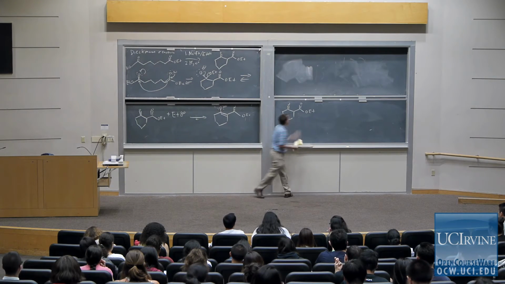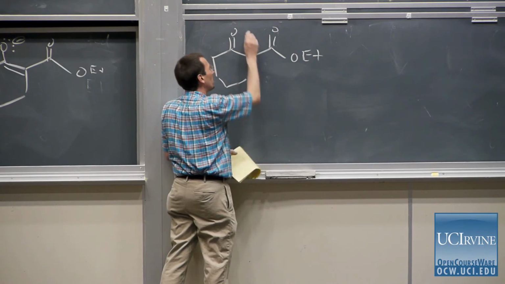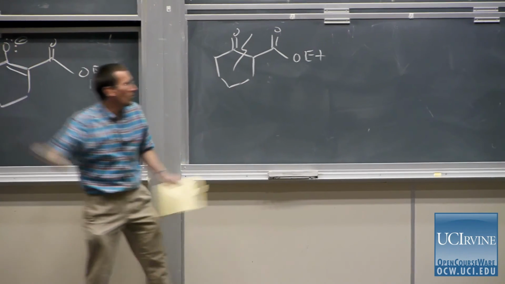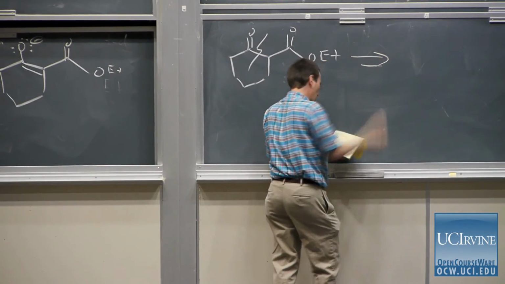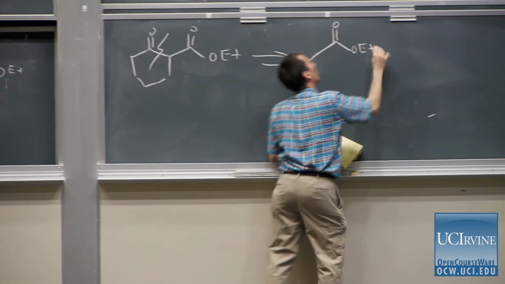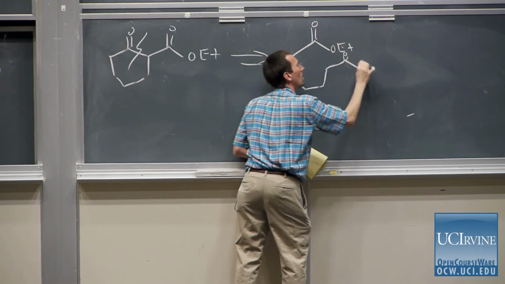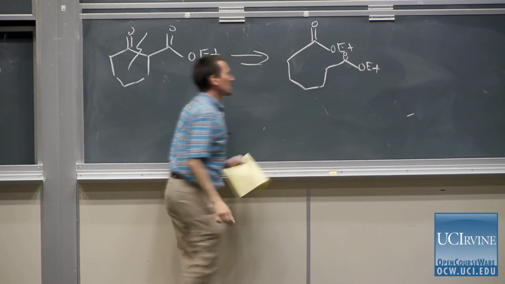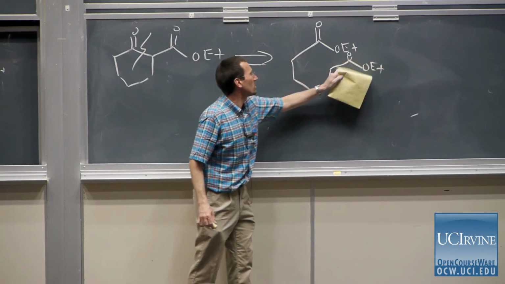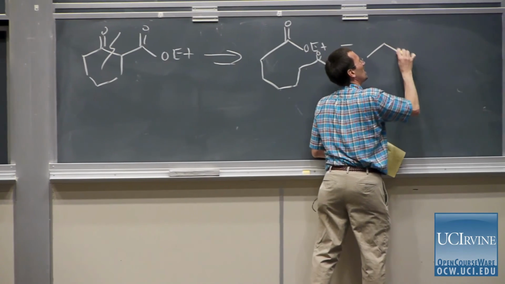Okay, but what about this one? Well, remember, this is our retrosynthetic analysis that we've been learning about. It's a 1,3-dicarbonyl compound. The way we see it over here, you break it apart retrosynthetically, like so, to this diester. And if you count, that's just 1, 2, 3, 4, 5, 6, 7. 1, 2, 3, 4, 5, 6, 7.